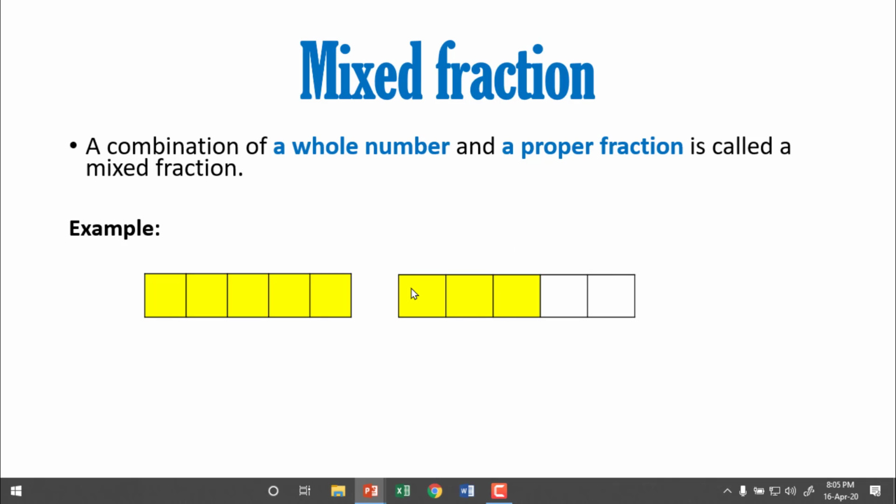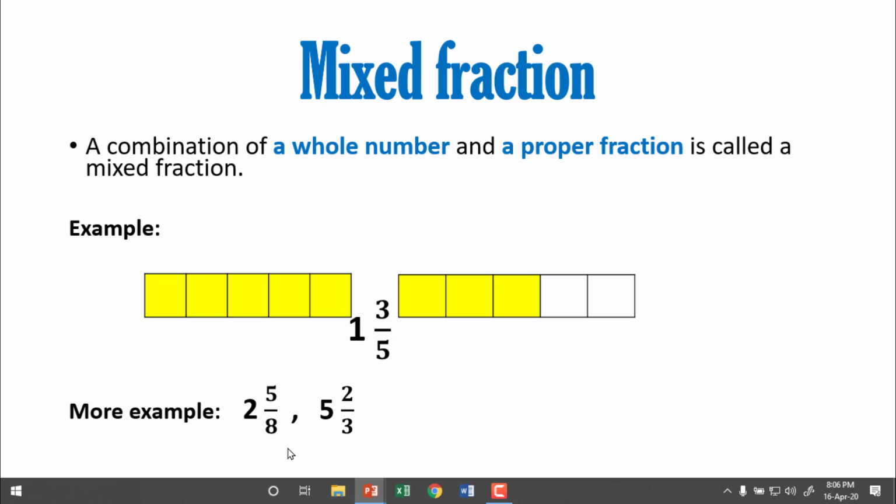So we can write it like this: 1 whole 3 by 5. This 1 represents the whole chocolate you have eaten, and this 3 by 5 represents the 3 parts that you have eaten from the 5 bars. So here 1 is the whole number and 3 by 5 is a proper fraction. They both together make a mixed fraction. So we can say that 1 whole 3 by 5 is a mixed fraction.